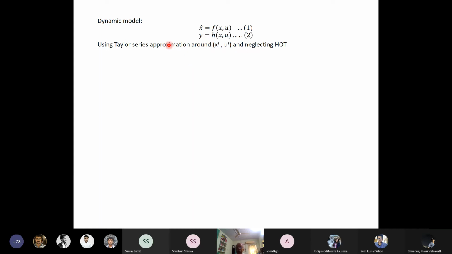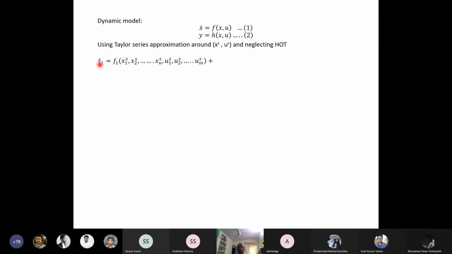So now we use the Taylor series approximation around this x and u vector, neglecting the higher order terms. x is basically a vector of x1, x2 to xn, of dimension n. So if I take only x1, then x1 dot is equal to f1(x, u).